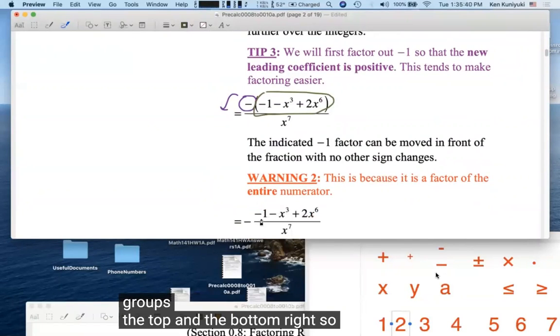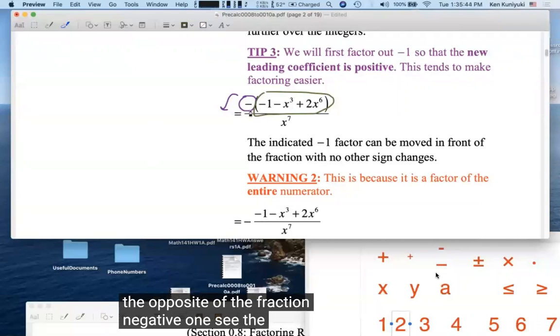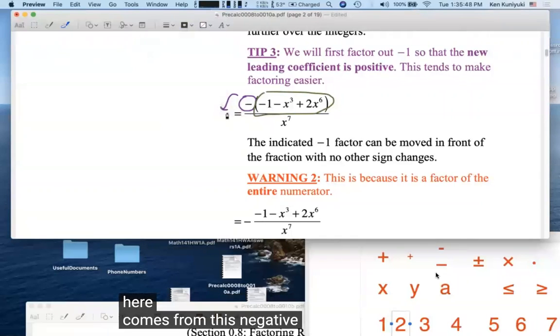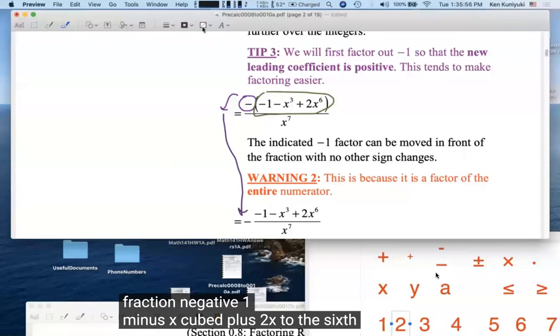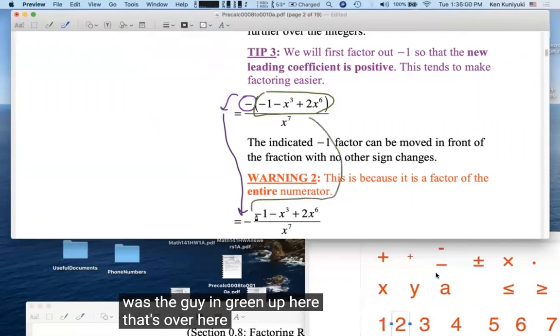Right? So we have the opposite of the fraction. See the opposite sign here comes from this negative sign. All right. So the opposite of the fraction, -1 minus x cubed plus 2x to the 6th. That was the guy in green up here. That's over here. Okay, all that over x to the 7th.